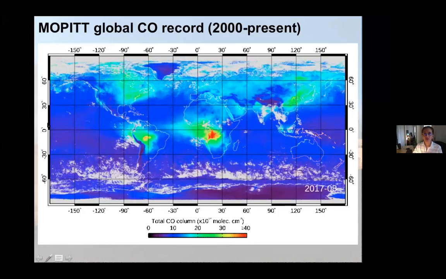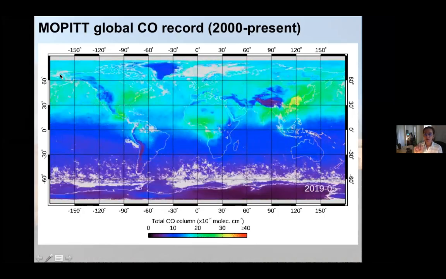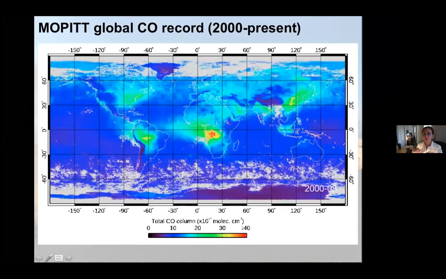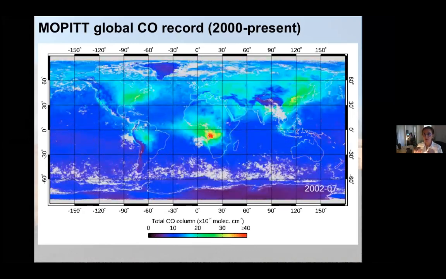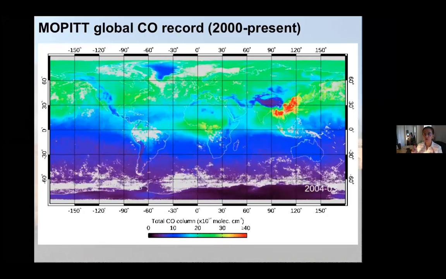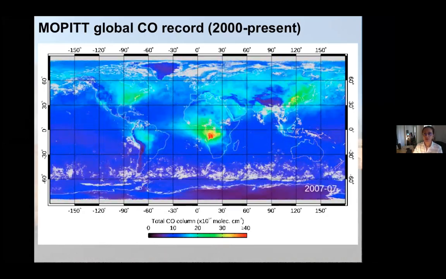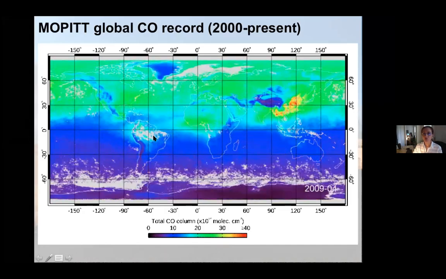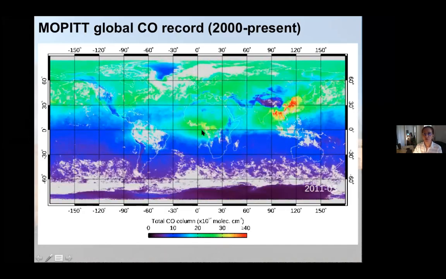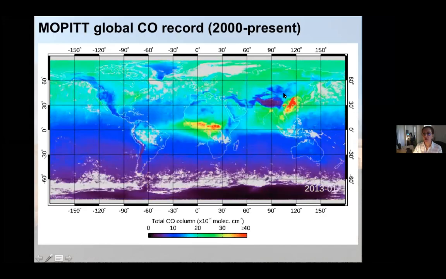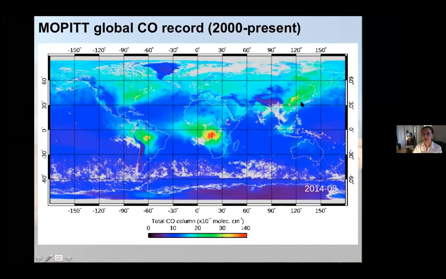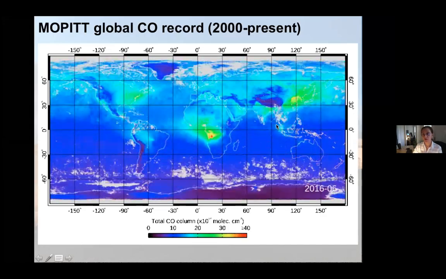You can also see this pulsation in the northern hemisphere is more clear. Seasonal differences between winter, where the CO is higher, and summer, where it's lower. Also, you can see these hotspots of CO over the Amazon, Equatorial Africa, Southeast Asia, and so on. And if you're lucky and you catch the end, oh, that was it.